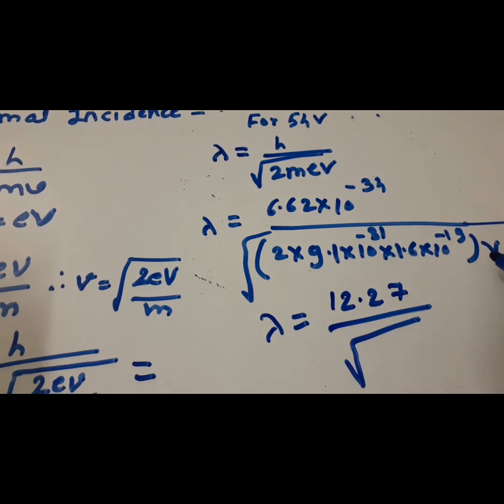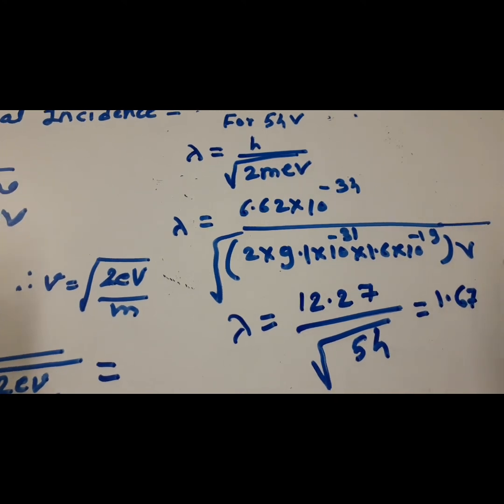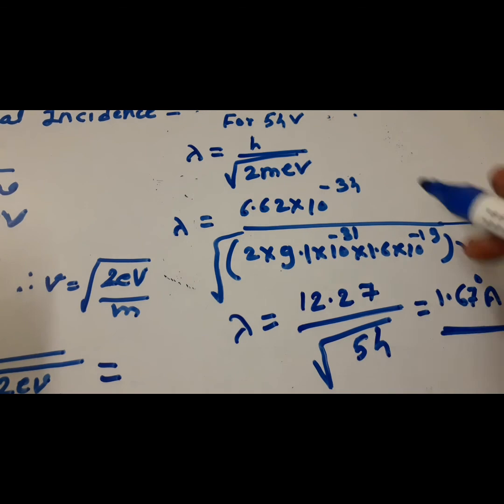We have to calculate lambda here for 54 volt. So for 54, that is equal to 1.67 angstrom unit. Means the wavelength at 54 volt is 1.67 angstrom unit.